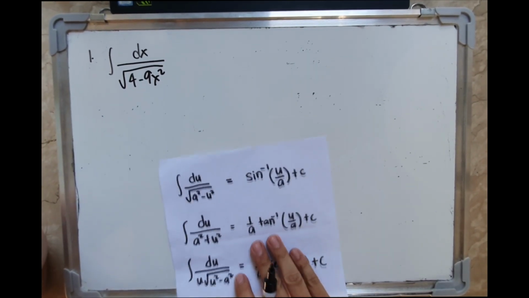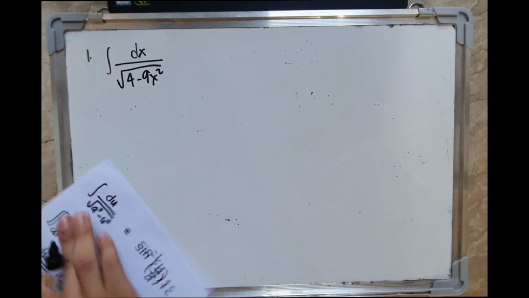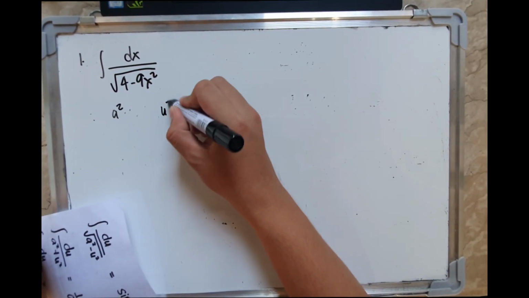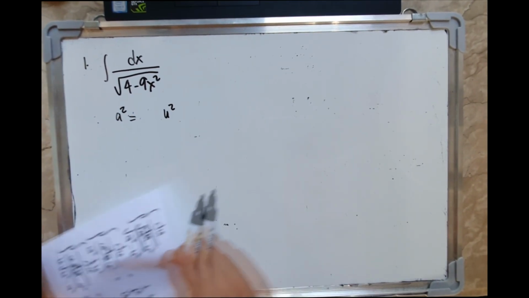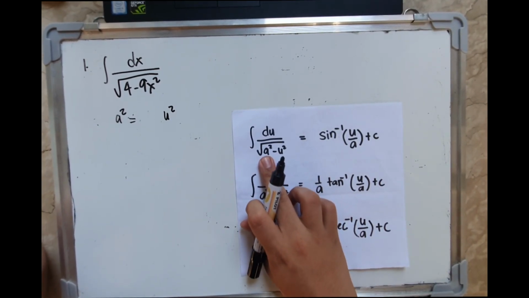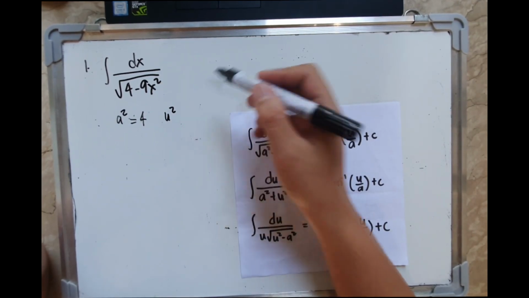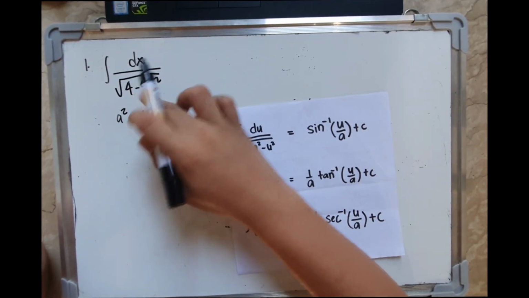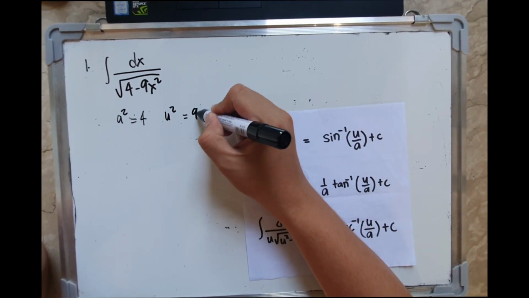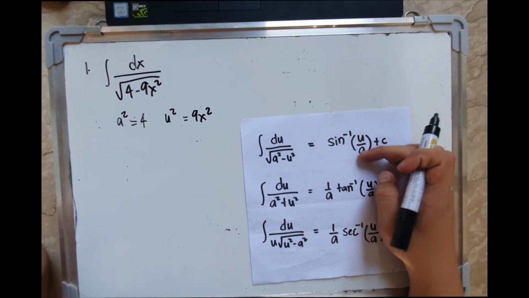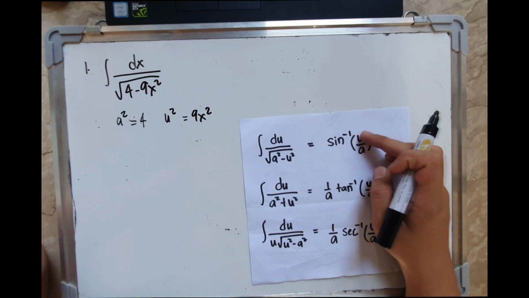So solving this one, we have to find a squared and the u squared. The a squared is the 4, while the u squared is obviously 9x squared. So we need to find u and a, so that we will be substituting it here.